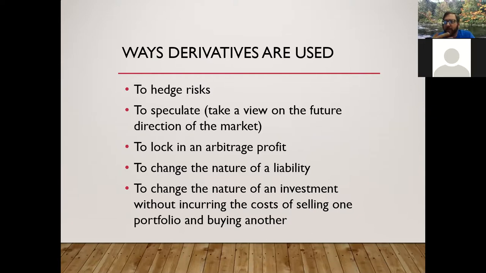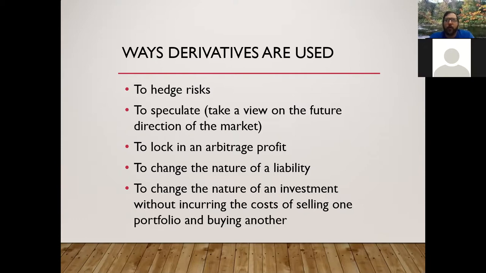But a couple of other things to think about: changing the nature of your liability. An example of this would be if you have a fixed rate and you want that to be a floating rate. And maybe I have a floating rate and I would prefer that to be fixed, right? So we can enter into a contract, like a swap in this case, where I think I said you had fixed and you wanted variable, I had variable and I wanted fixed.